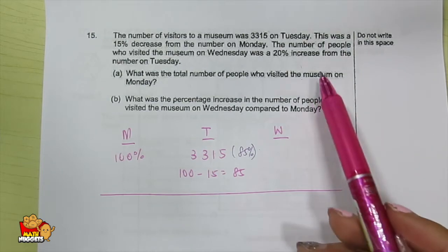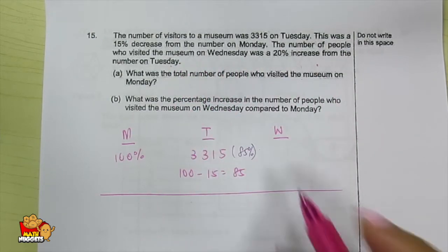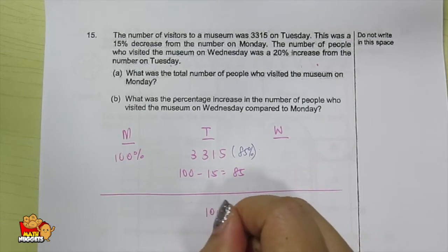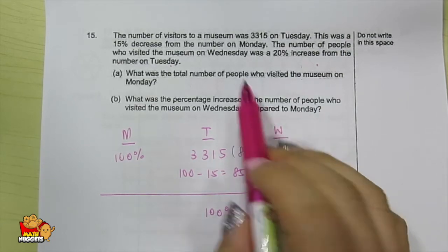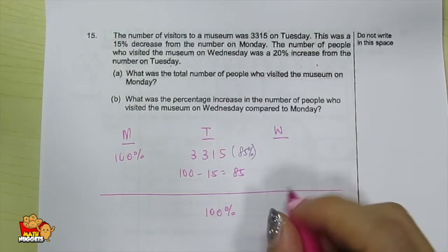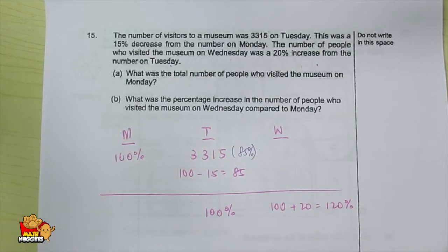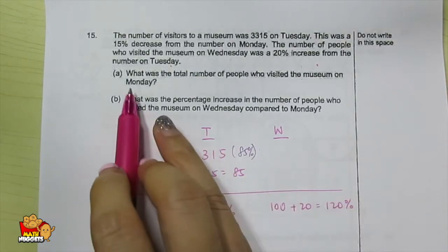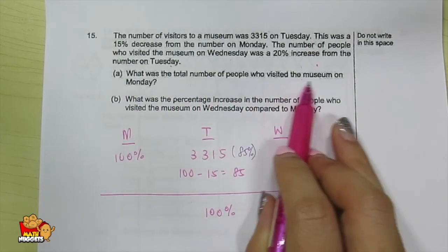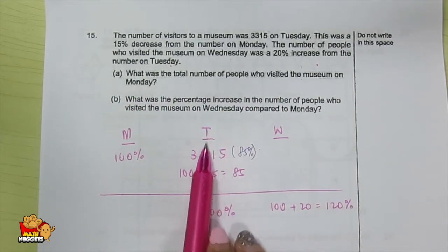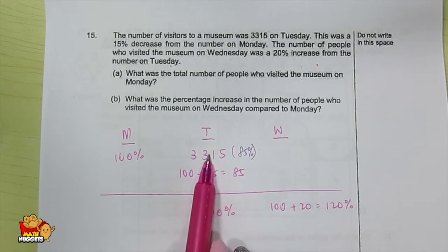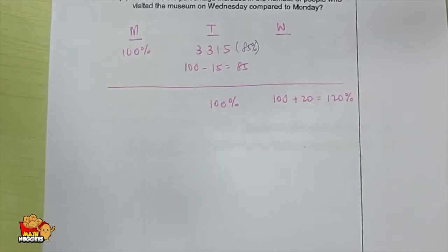The one they're comparing with, which is Tuesday. So now in this case, Tuesday becomes the 100%. And Wednesday, 20% increase. So 100 plus 20, 120% for Wednesday. Okay, so we'll do that later on. Let's answer part A. What was the total number of people who visited on Monday? So if we know that Tuesday is actually 85%, let's solve for Monday. So let me do it under.